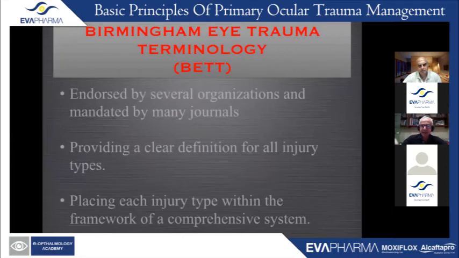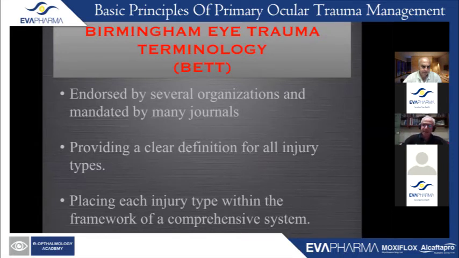It was described in 1996 by Kuhn and his co-workers, and has been standardized by the International Society of Ocular Trauma. It has now been endorsed by several organizations, and provides a clear definition of all ocular injuries of different types.